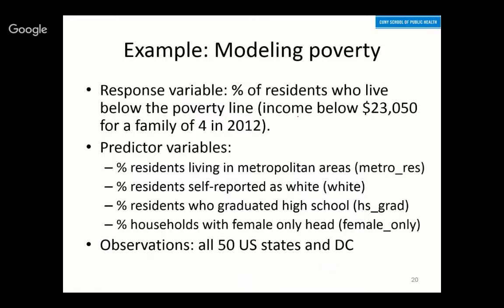The percent of residents living in metropolitan areas, percent who are self-reported as white, the percent who graduated from high school, and the percentage of households with female only head of household. With observations across all 50 US states and District of Columbia.